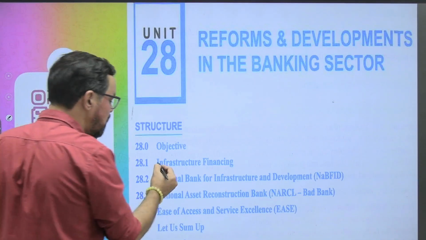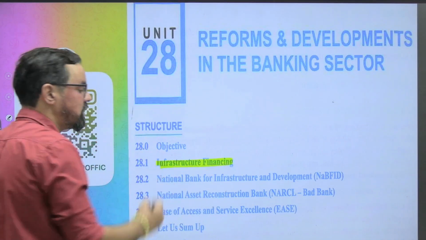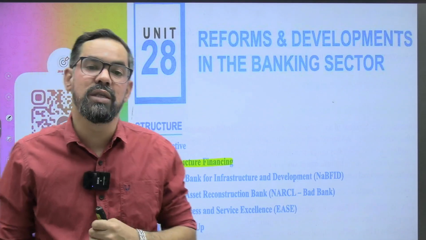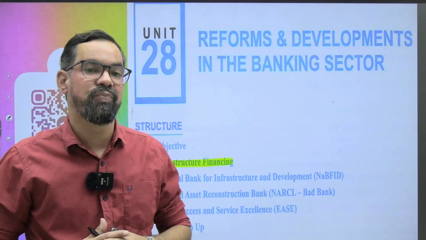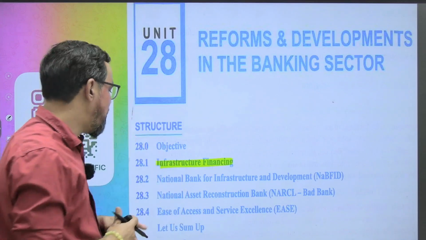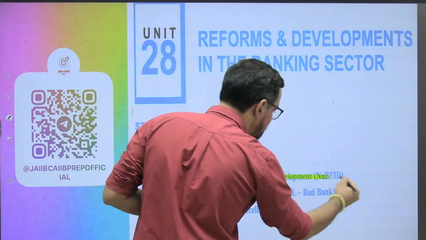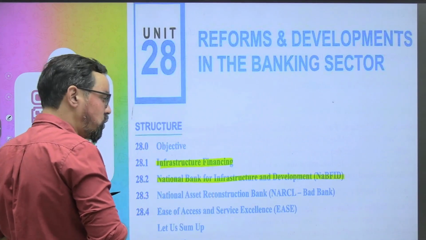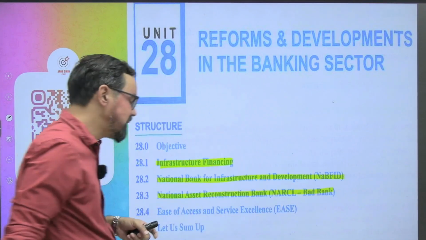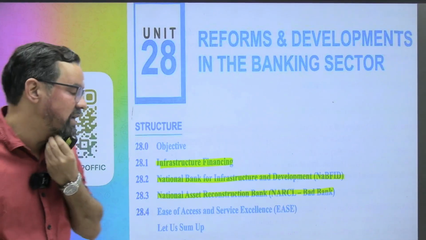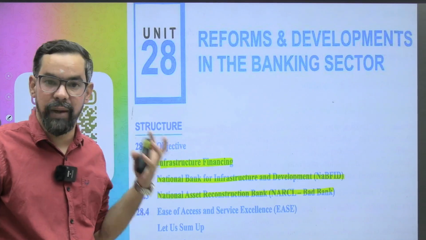Which include infrastructure financing, and for infrastructure financing we have a newly built DFI, that is NaBFID, the National Bank for Infrastructure and Development, 2021 itself. Then we have NARCL, the National Asset Reconstruction Company, which works as a bad bank.